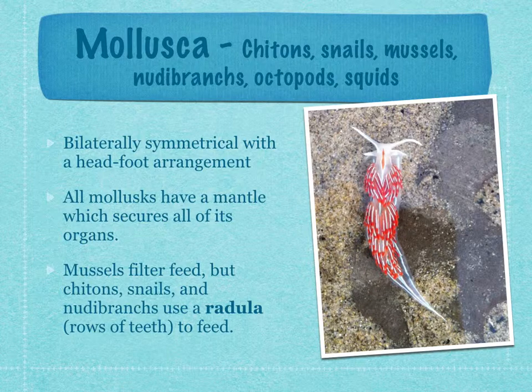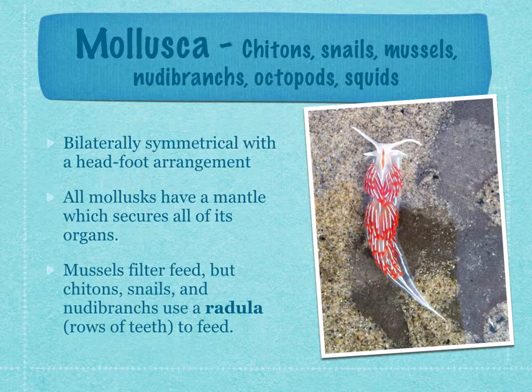Phylum Mollusca. Chitons, snails, mussels, nudibranchs, octopods, and squid belong to this phylum. They are bilaterally symmetrical. Think of a human. We are also bilaterally symmetrical. Our bodies are arranged in a mirror image.